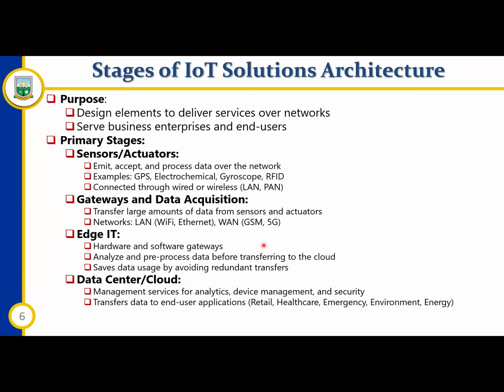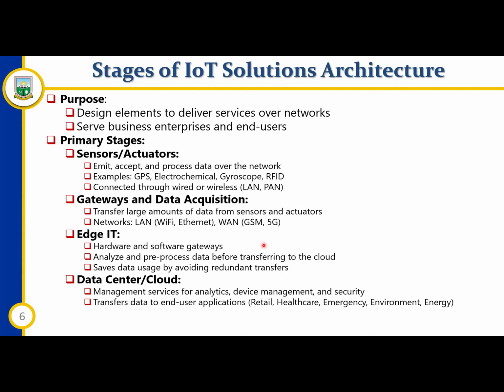So if the data that comes to these actuators or sensors is quite high, and the bandwidth that is going to serve this data to the cloud is slow, you can imagine how long it would take the data to go to the cloud for analysis.